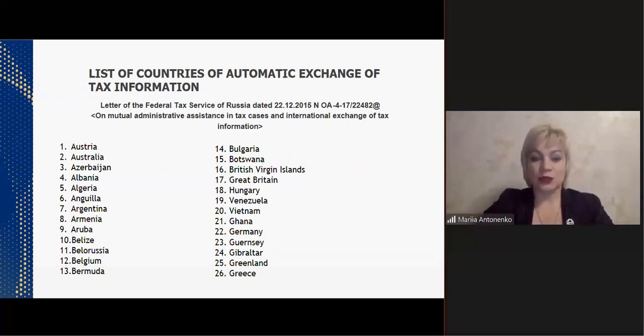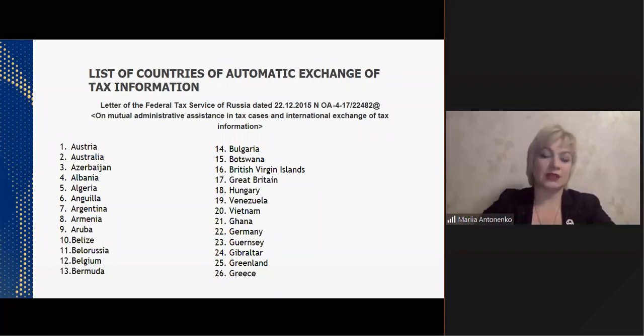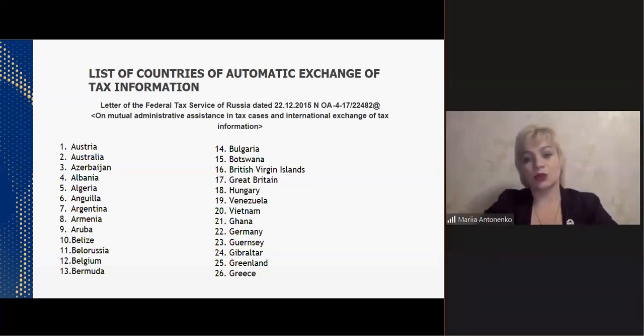I'm not going to read out the entire list of countries. You can just check whether your country is there or not. Also, the list of countries that exchange their tax information is available online. You can just Google it and see what countries are in the list of automatic exchange of tax information. Next slide, please.